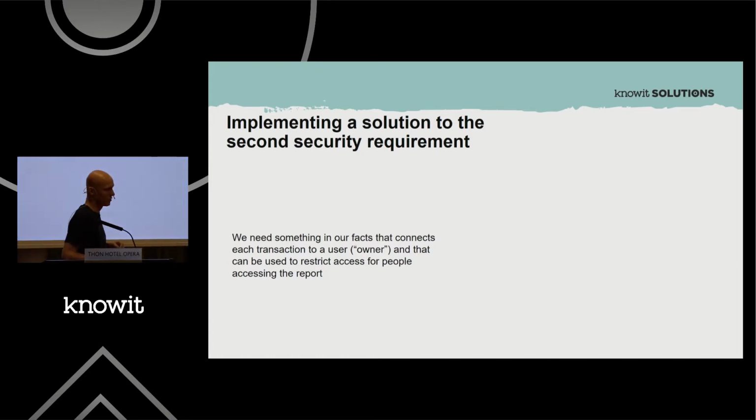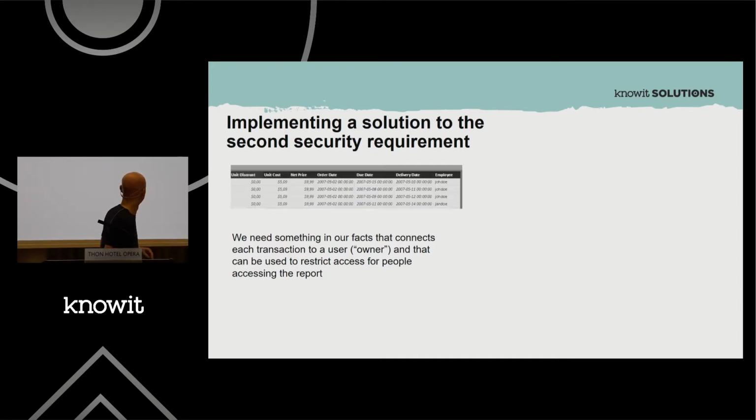And first of all, this puts some requirements on the data itself, because if the business requirement is that I should only see this data and you should only see that data, there needs to be some kind of logic in order to map this for our roles.